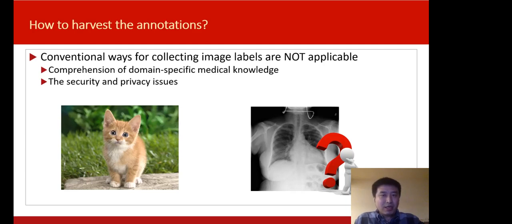The answer is clinical reports. We know that all medical images have clinical reports associated with them. So if we can find a way to extract the information from the clinical reports, then probably we can automatically construct weakly labeled medical image datasets.